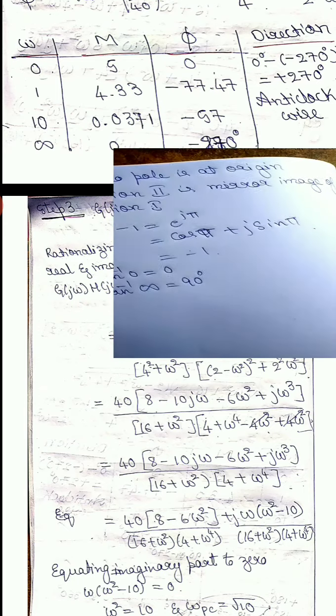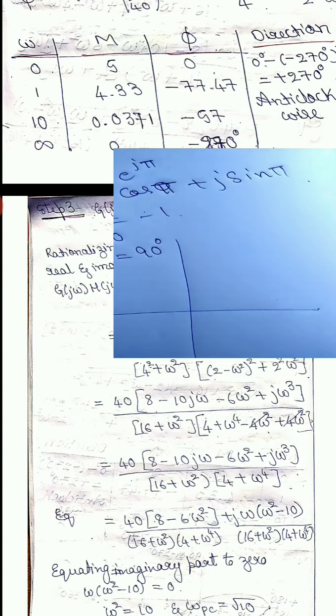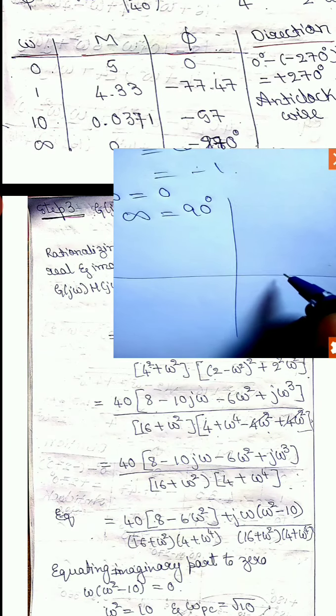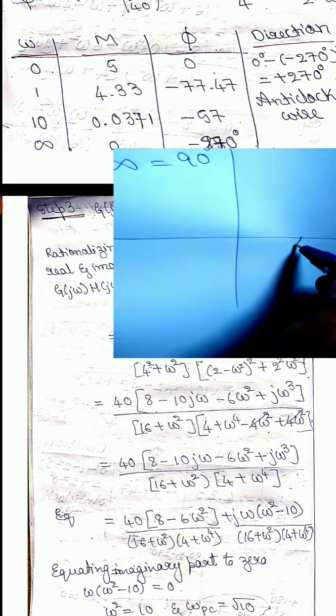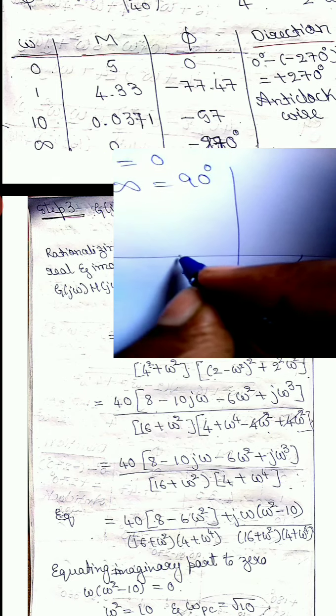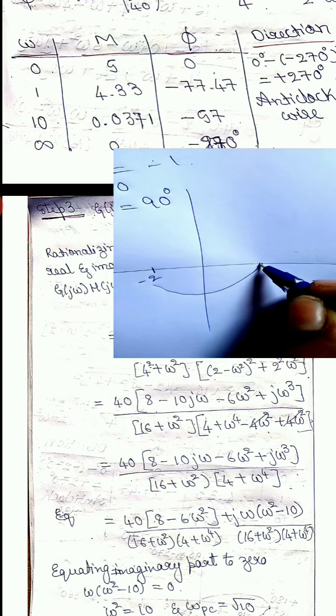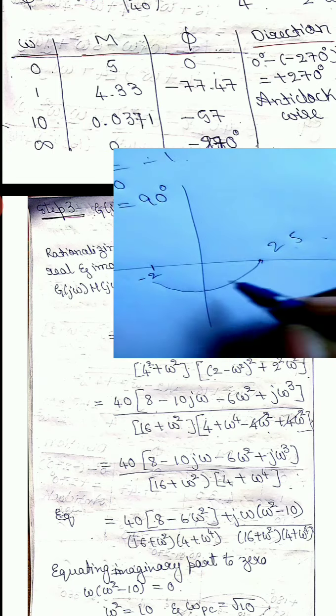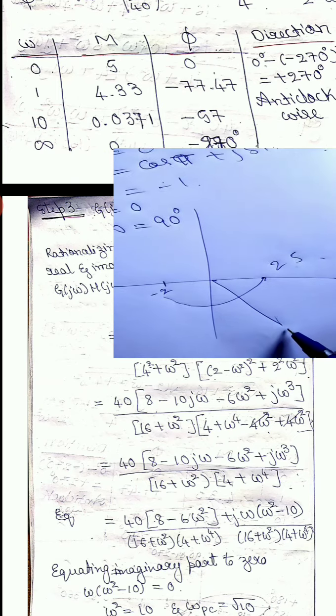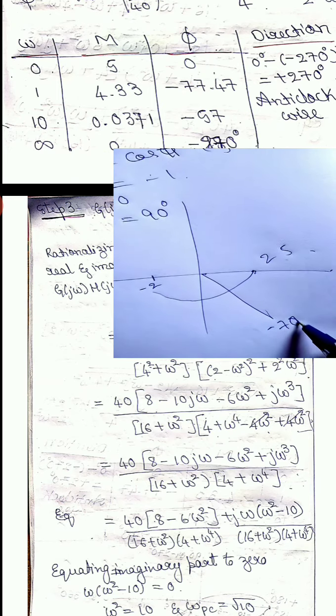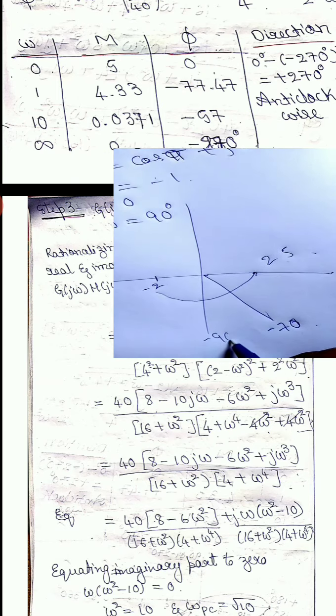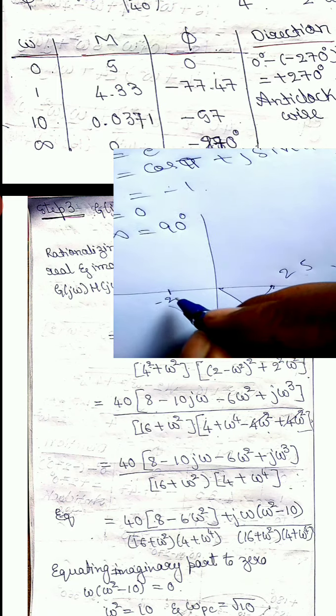For example, we got some values, the Q point is minus 2, some angles, minus 70 and minus 90, for some omega values.